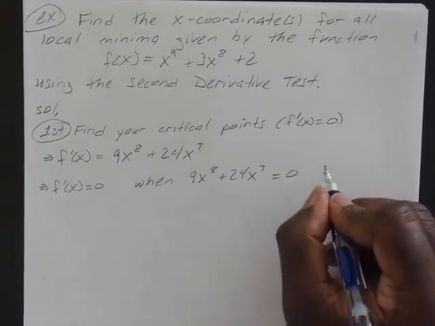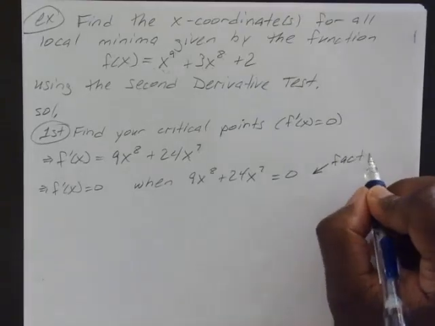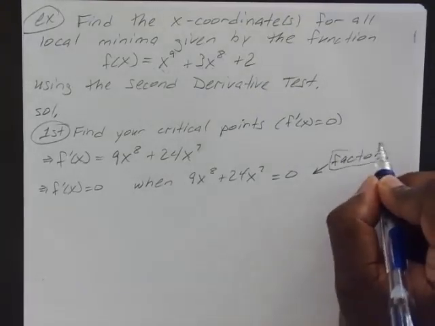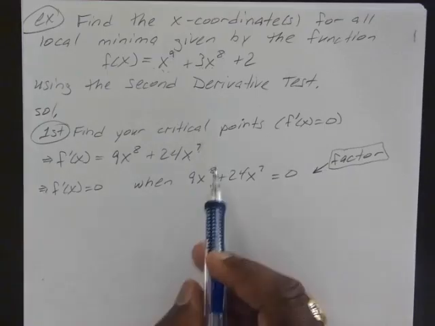Now, with this one, it'll be a whole lot easier if you just take out the greatest common factor. So we could factor out a 3x to the 7th power from each one.